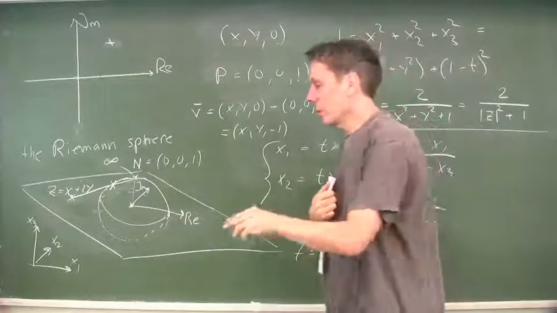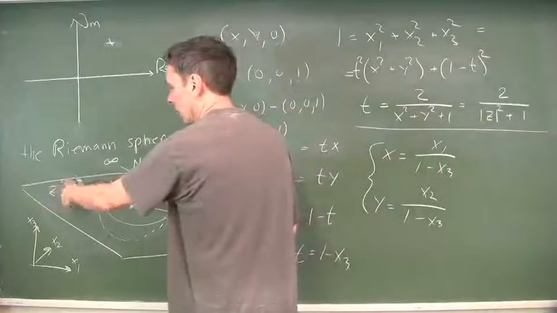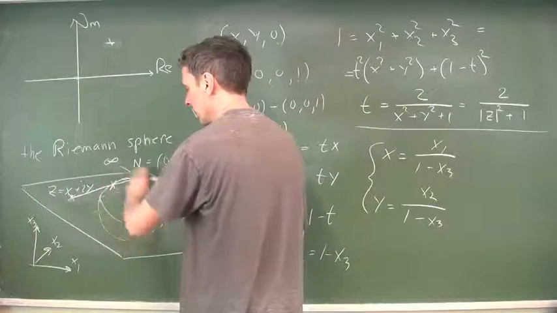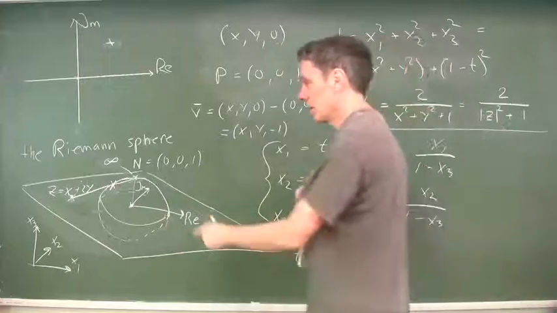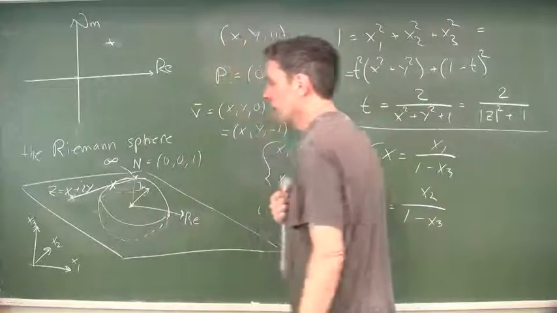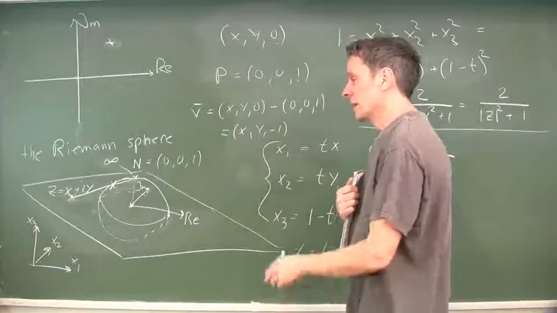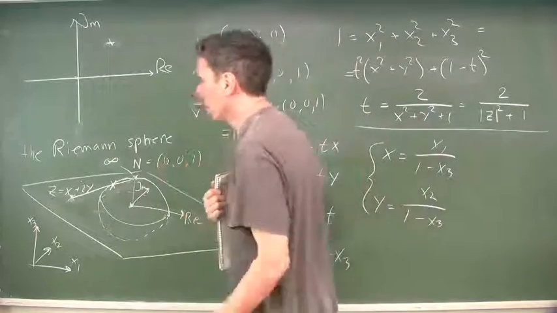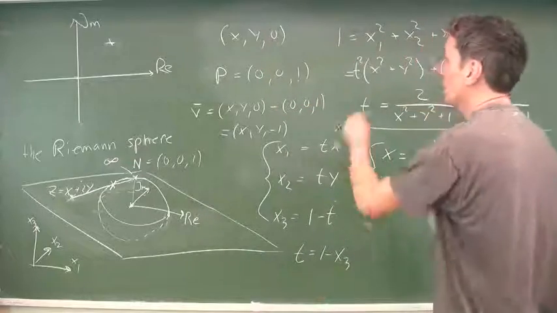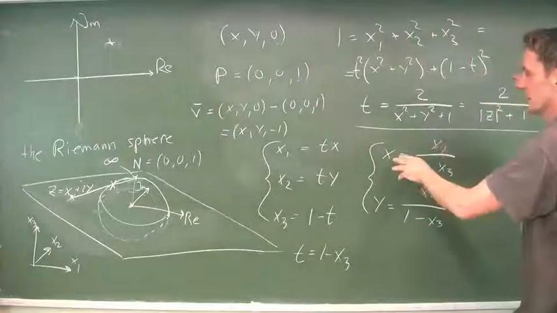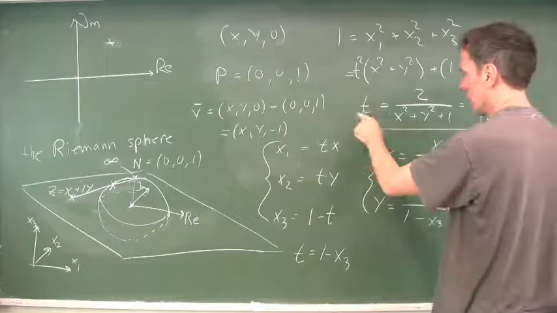But when you project these circles or lines onto the Riemann sphere, they will all become circles on the sphere. So why is that? Well, this is what I'll show you now.